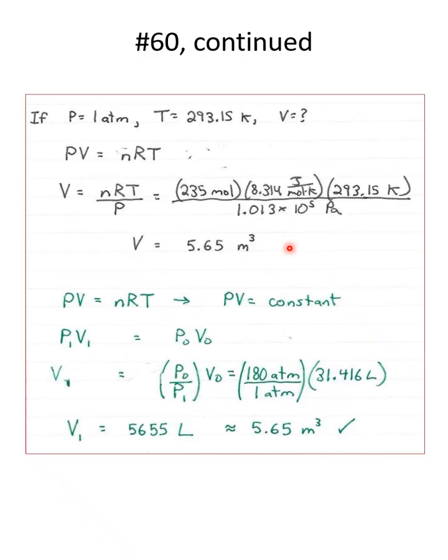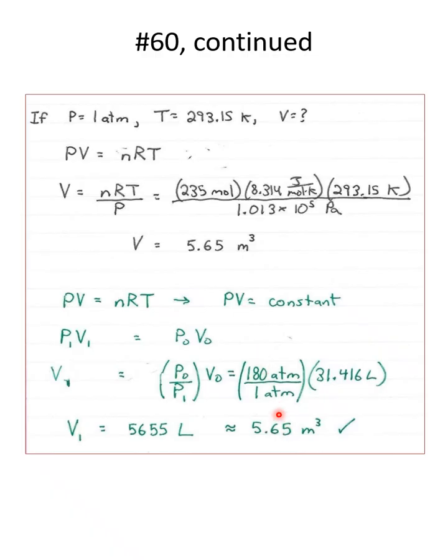Now, another way to do that, as I've done in the green ink here, is to compare the original quantities with the final quantities. So PV equals nRT. We get the constants to one side. They're already over there, n, R, and T, leaving PV, the values that change, equals constant. So P1 V1 equals P0 V0. Solve it for the new volume. V1 equals P0 over P1 times V0. So we have the pressures 180 atmospheres over 1 atmosphere.